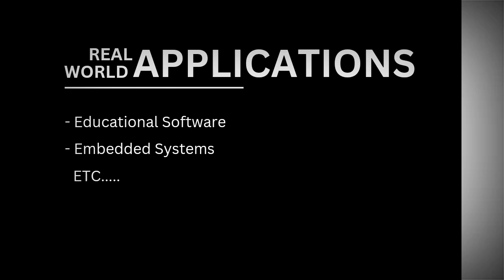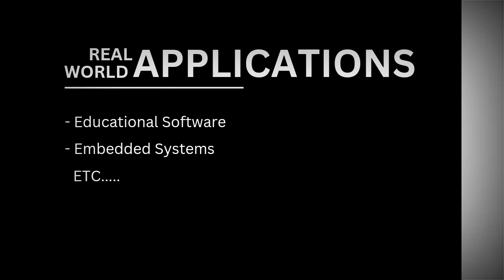It is also used in embedded systems, like firmware updates, and in small data sets. Its real world applications are a little fewer than bubble sort, but it's quite effective and obviously faster than bubble sort.